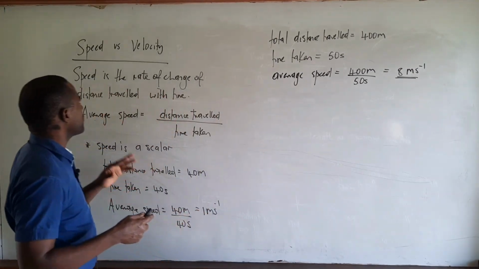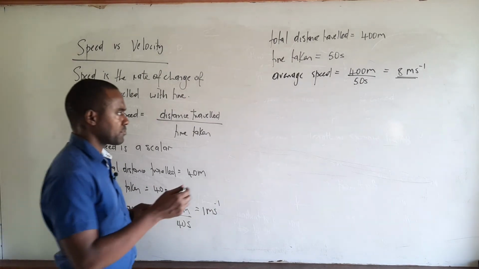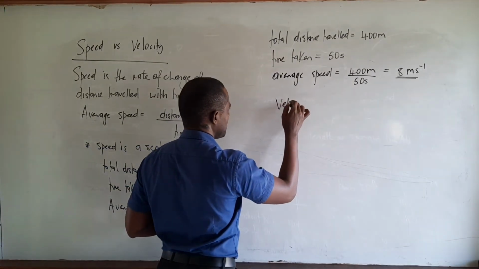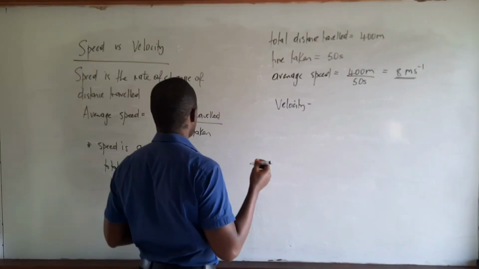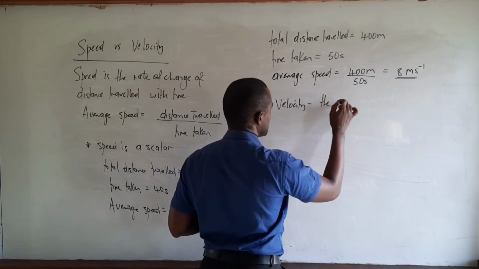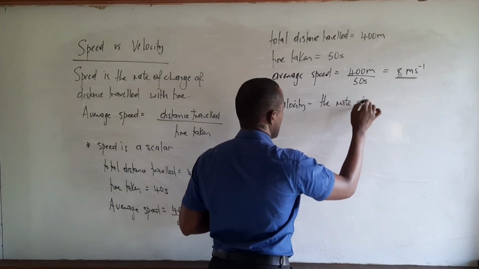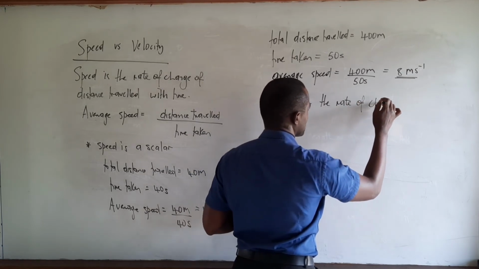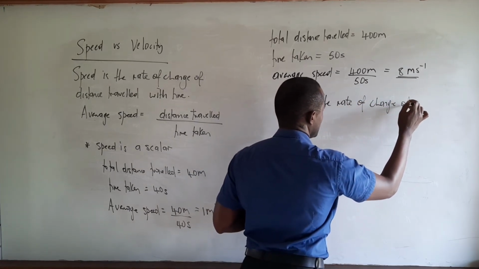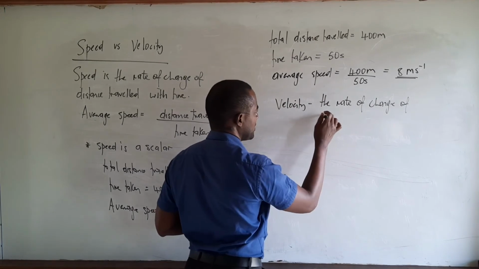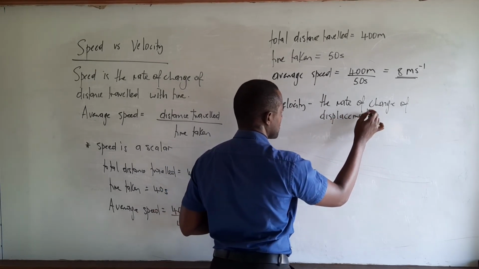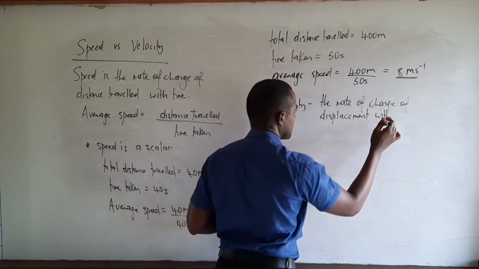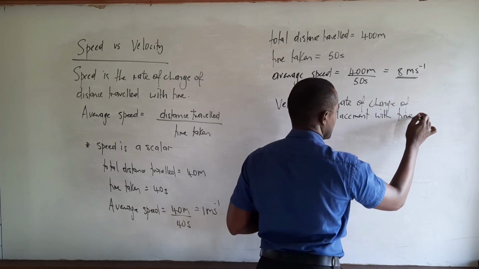Now, let's look, of course, at velocity. Velocity is defined as the rate of change of displacement. So it's the rate of change of displacement with time, right?